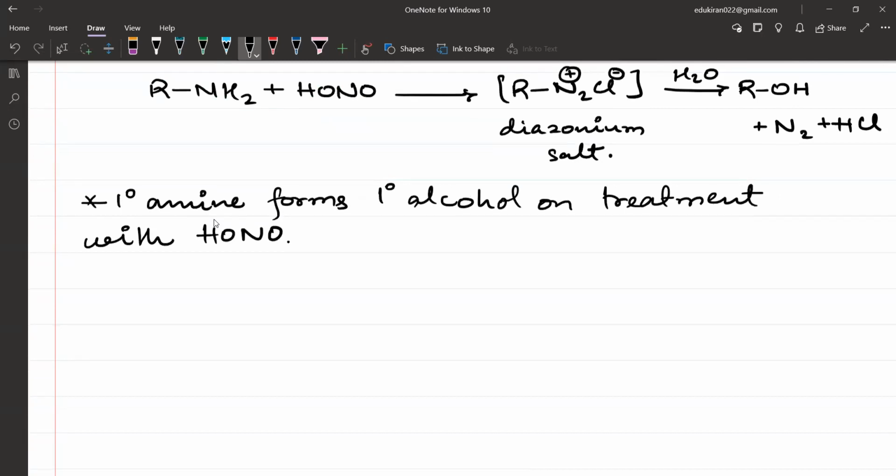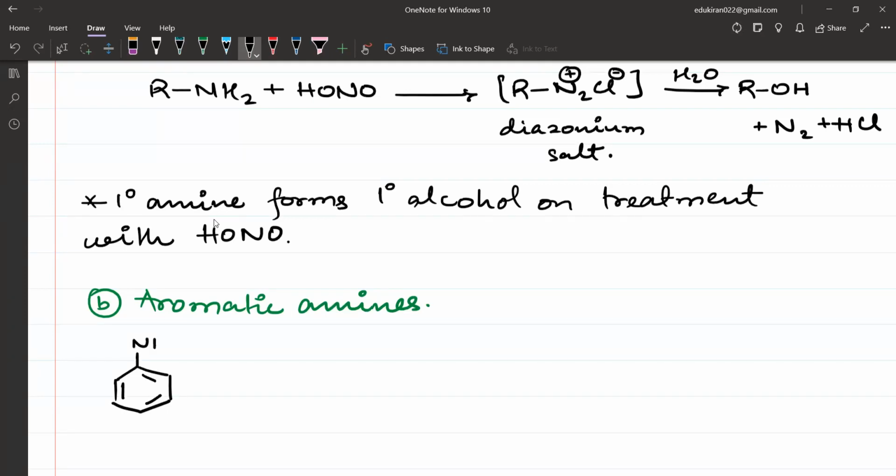The second is your aromatic amines, or you can write aniline, in general aromatic amines. So aromatic amine is C6H5NH2. Reaction with HONO, it is going to give you N2 plus Cl negative.